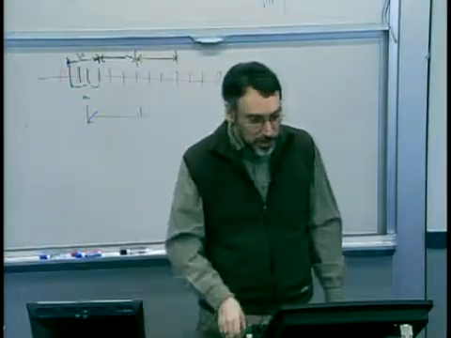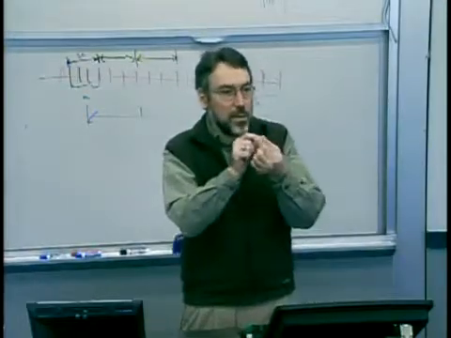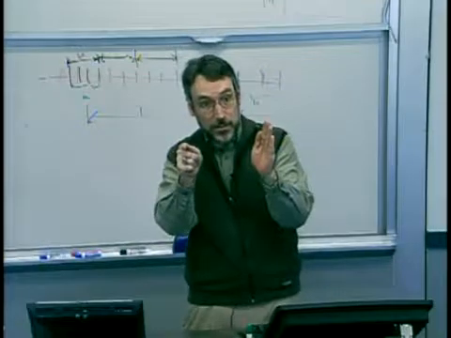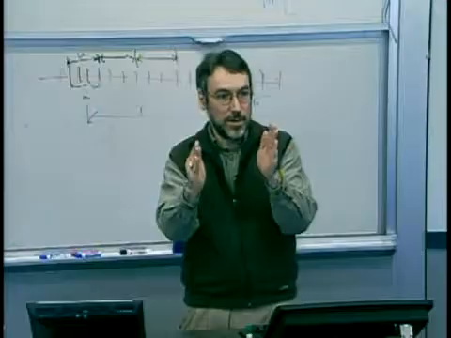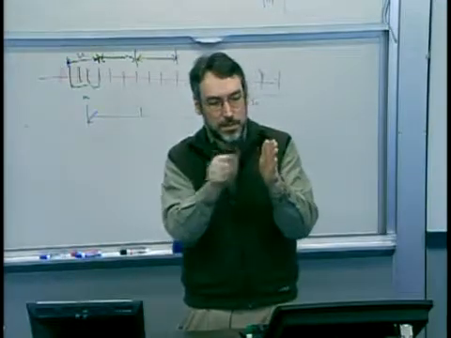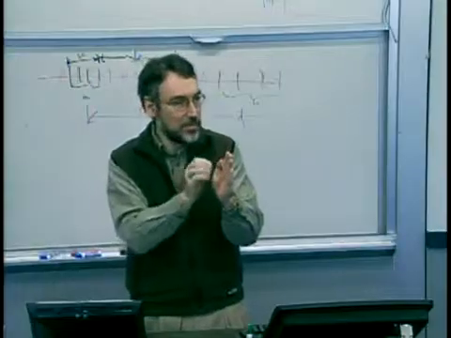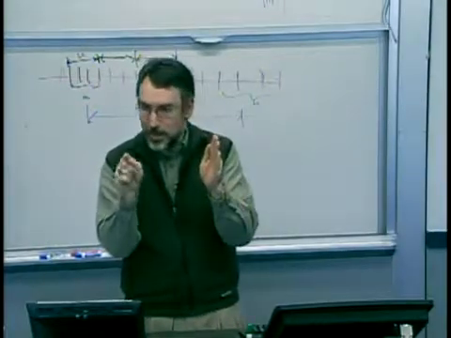just recognize that a CPK of 1 corresponds to a 3 sigma tail right at the spec limit, a 3 sigma tail off of whatever my mean is. So I might be off target, but 3 sigma out from the process mean.